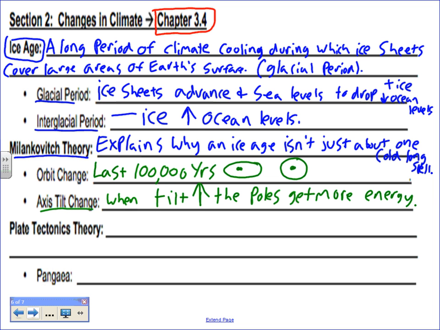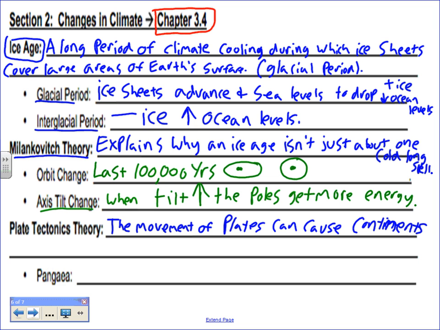And if the continents move closer to the poles, we will have another ice age.